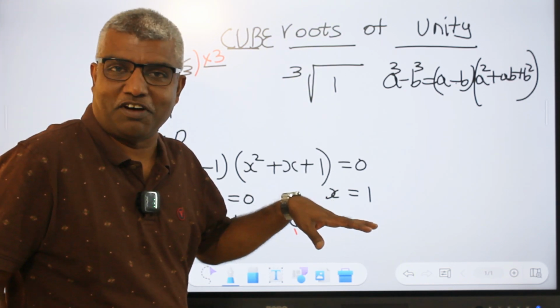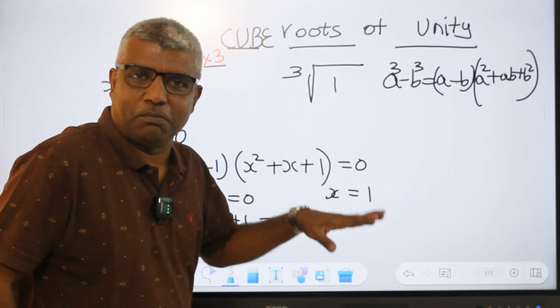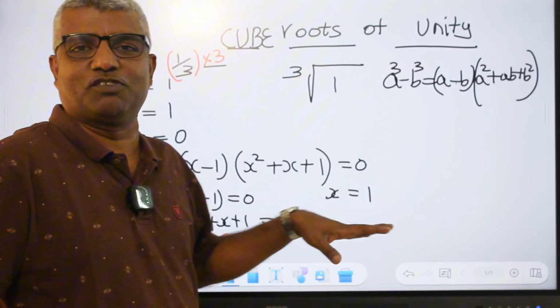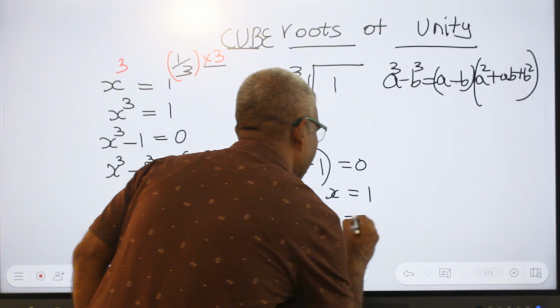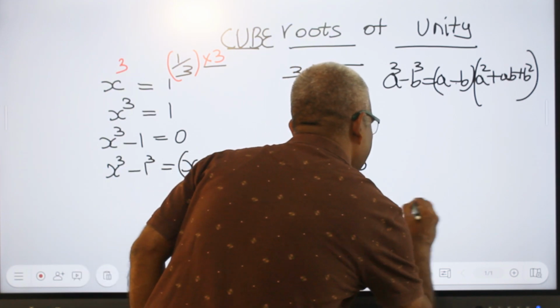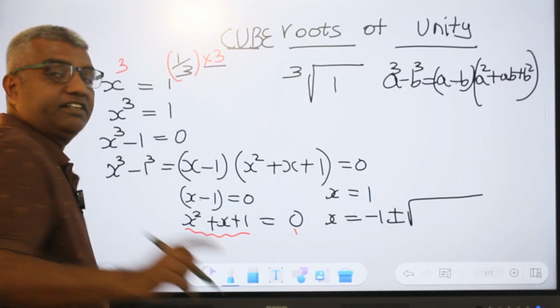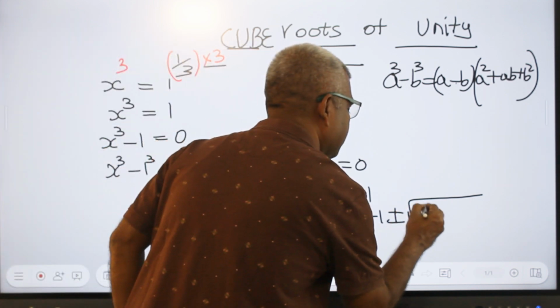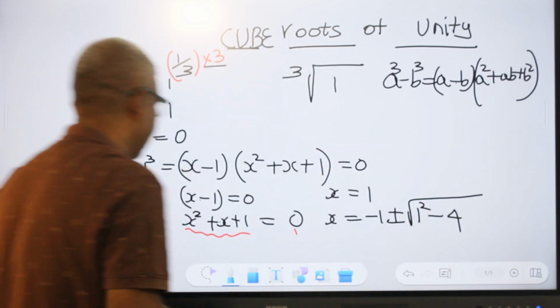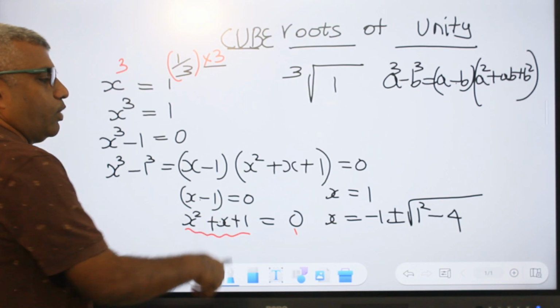Using the quadratic formula, x equals minus b plus or minus square root of b squared minus 4ac, all over 2a. Here b is 1, a is 1, c is 1.